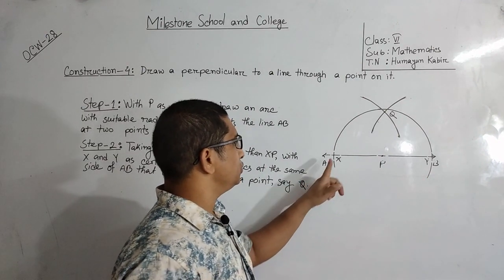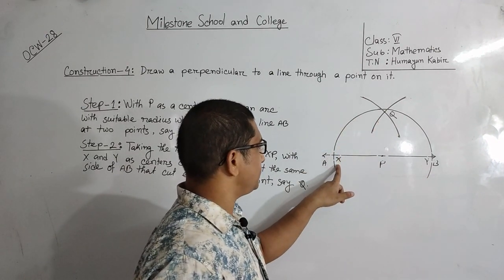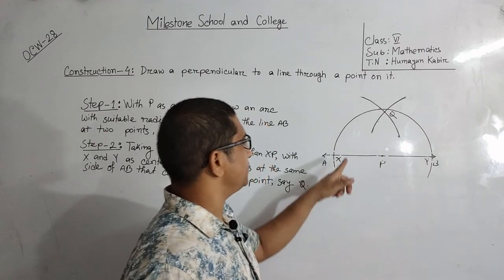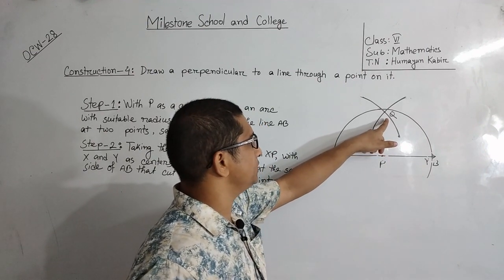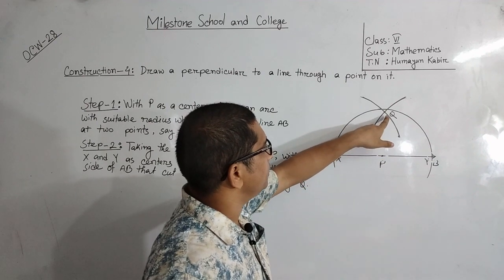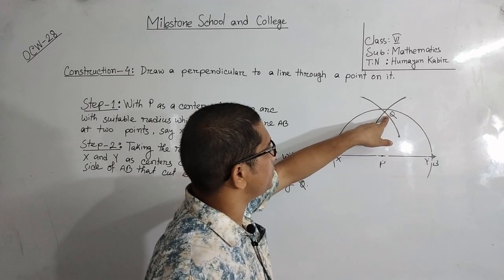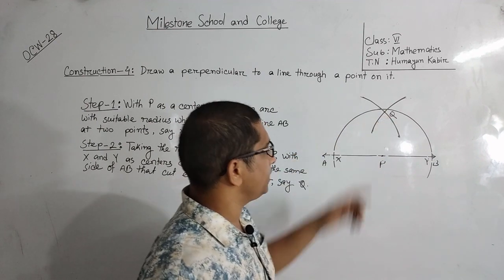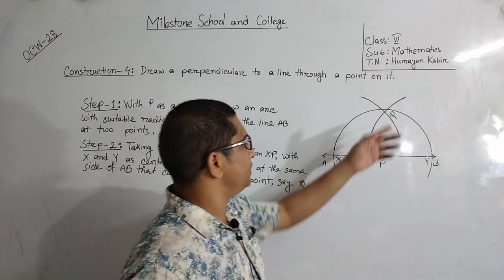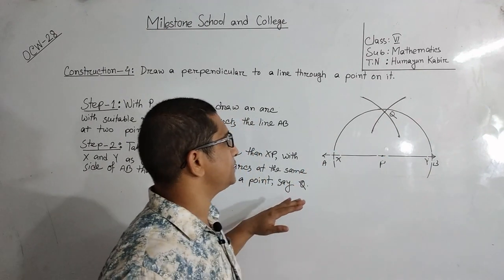Here we will draw two arcs, X and Y as centers. These two arcs cut each other here, this point. So we can say this point is Q. This is our second step.